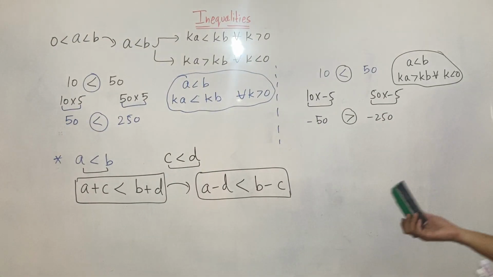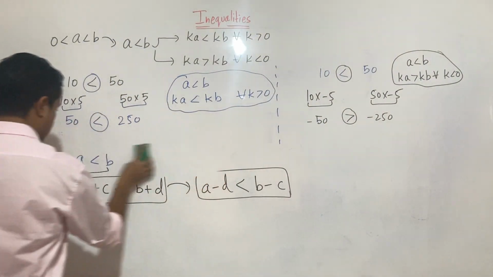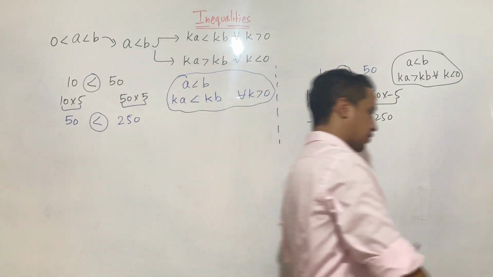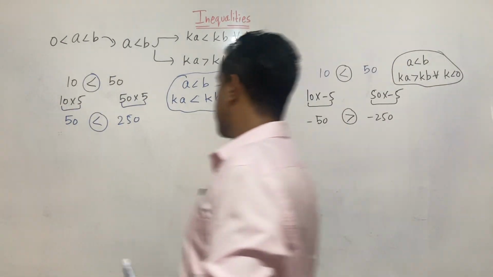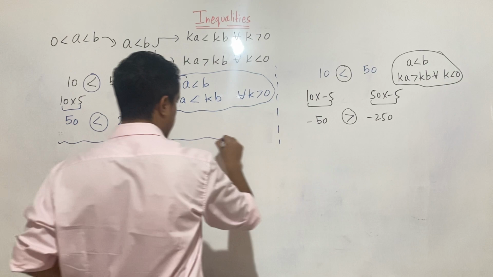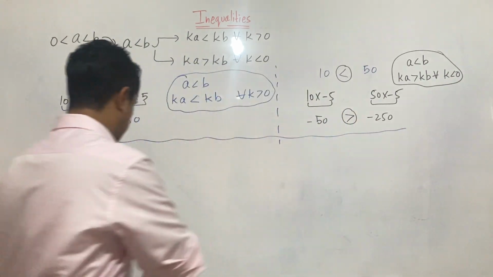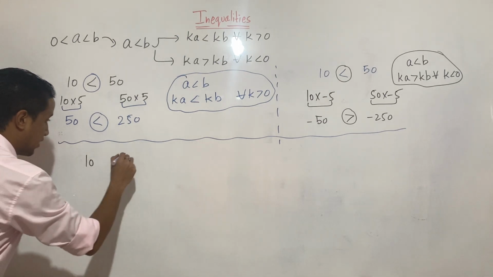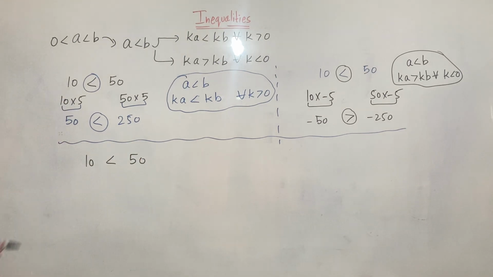The same goes for division too, when instead of multiplication you divide. Why? Because division is also a kind of multiplication. See here what I'm trying to say. Let's say I'm taking the same example, 10 and 50. Obviously 10 is less than 50.